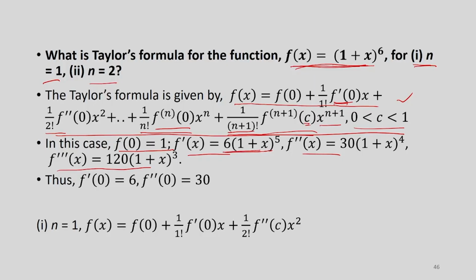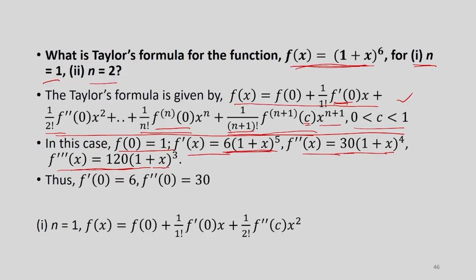So I take differentiation of this function, 6 multiplied by 1 plus x to the power 5, and I get 30 multiplied by 1 plus x to the power 4, and I also will require the third order differentiation of this, and that will give me 120 multiplied by 1 plus x to the power 3.